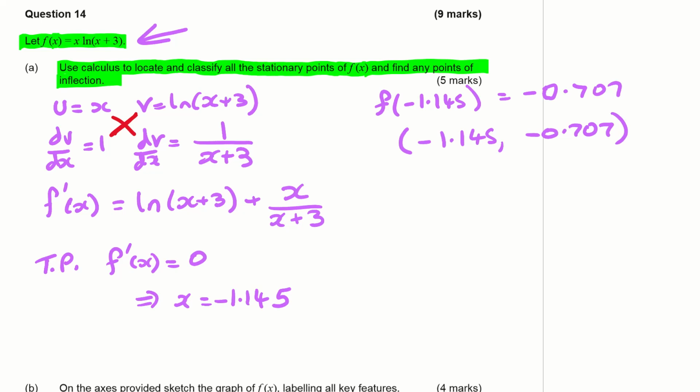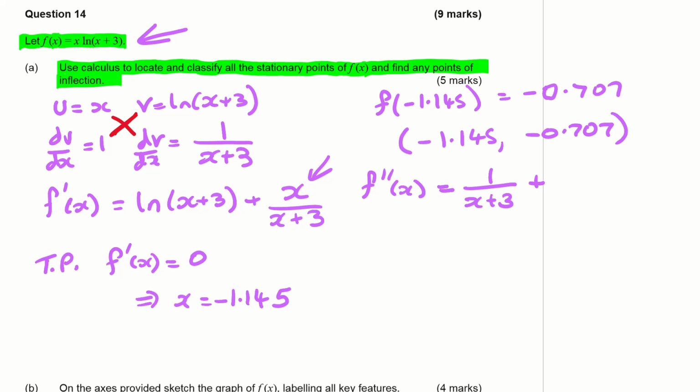Now we want the second derivative, and if we differentiate log x plus 3, we get 1 over x plus 3. We've seen that before. And then we have a quotient here.